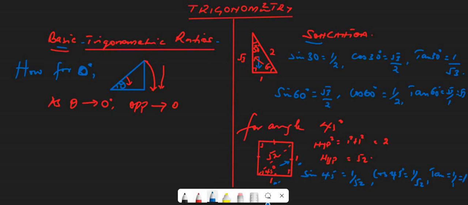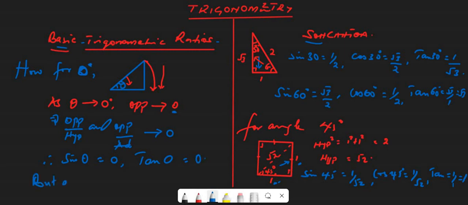And because the opposite is tending to 0, then the functions which rely on it, like opposite over hypotenuse and opposite over adjacent, automatically tend to 0, because this is 0, this one is also 0. Therefore, opposite over hypotenuse, which is sine 0, becomes 0, and tan 0 also becomes 0.